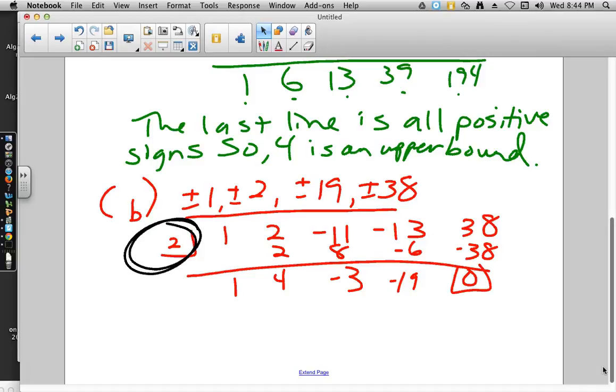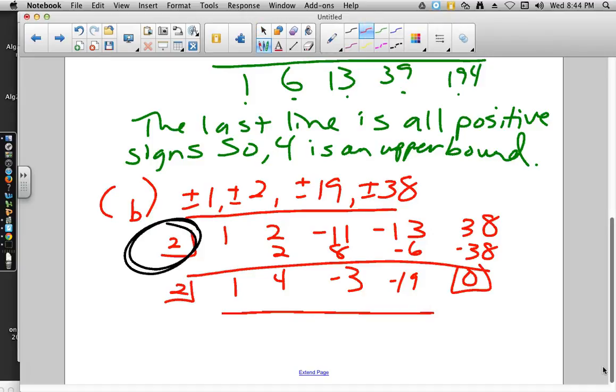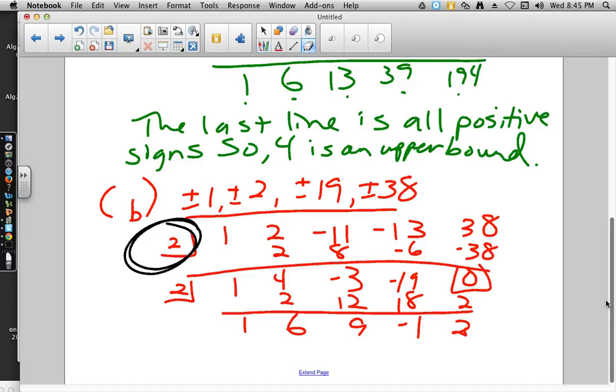But now remember, it's quite possible that it was a repeater. So I would try this again and see if I can get another 0 and keep working with it. So I bring the 1 down and then I multiply, and I add, and I multiply, and I add, and I multiply, and I add, and I multiply, and I add, and I see, wait a minute, I was supposed to be able to stop right here.